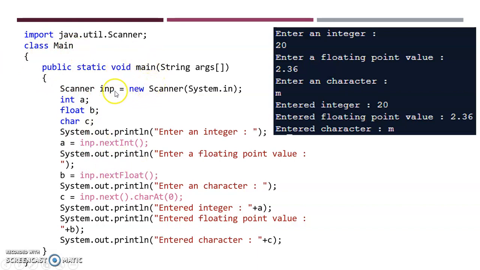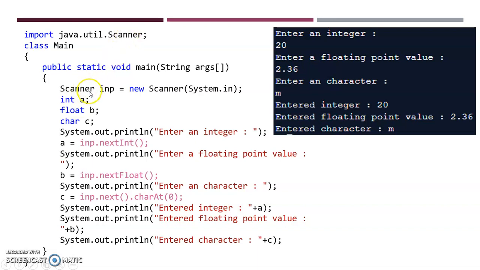What is the meaning of this line? In C++ also you define the object of a particular class with the syntax class name, object name. Here also it is the same thing. I need to access certain functions defined inside the Scanner class, which are nextInt, nextFloat, etc. So I have to define an object corresponding to that class. The format of defining an object in Java is that you specify the class name.